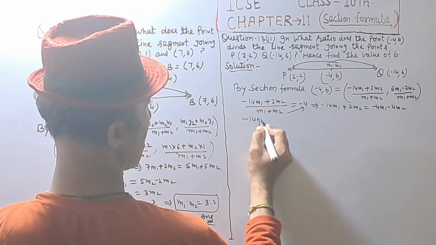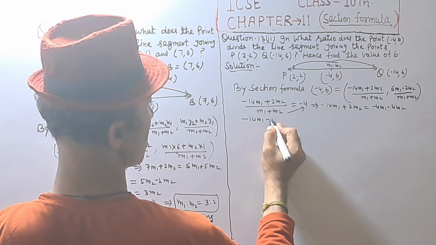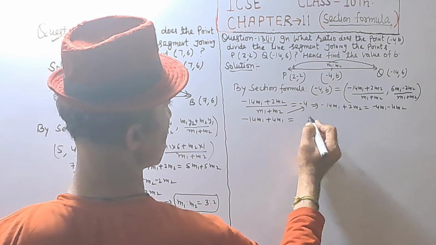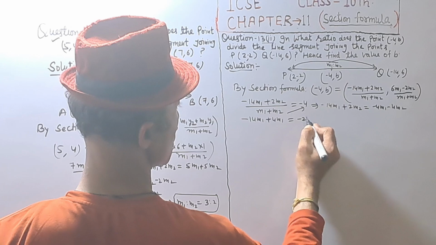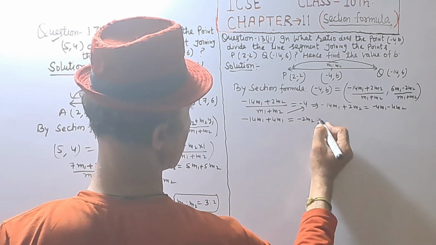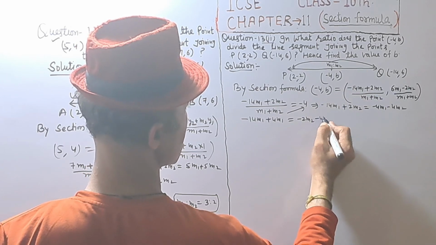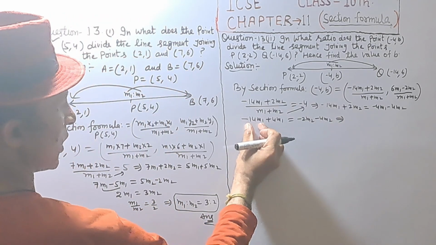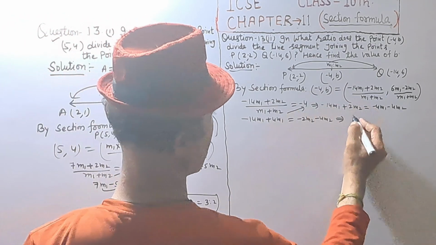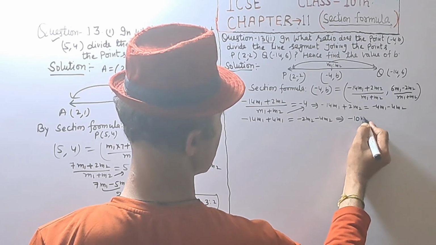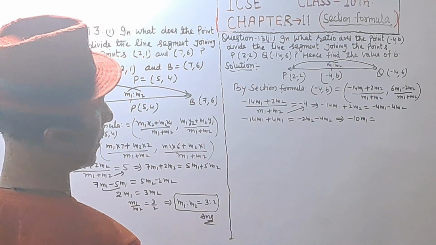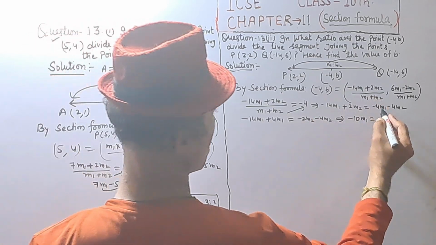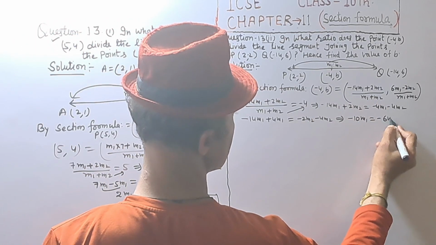Minus 14M1 plus 4M1, we are shifting to the left side, and minus 2M2 shifting to the right side, minus 4M2, which implies minus 14M1 plus 4M1 is equal to minus 10M1, and minus 2M2 minus 4M2 is equal to minus 6M2.